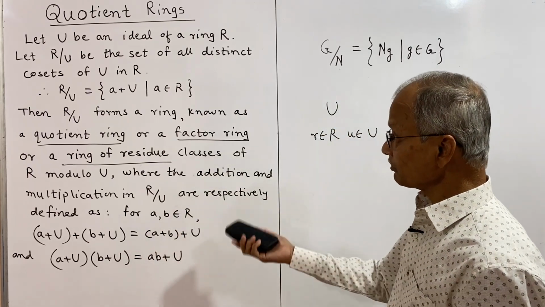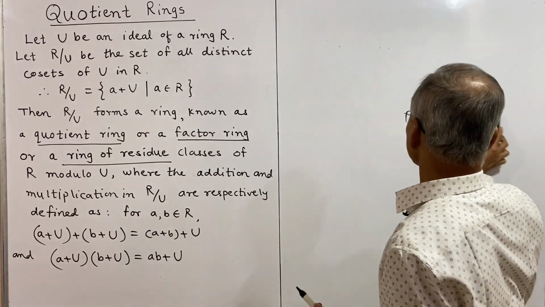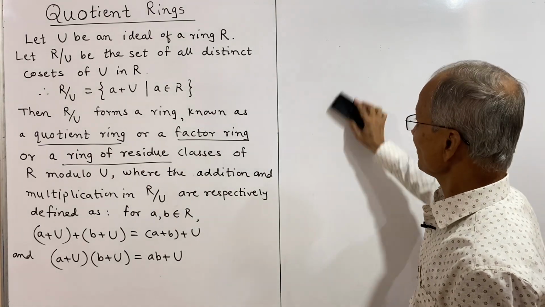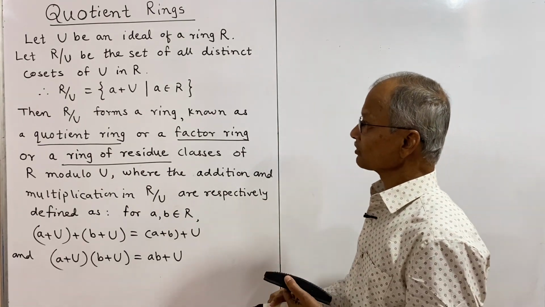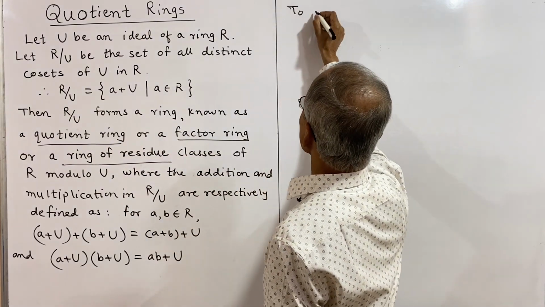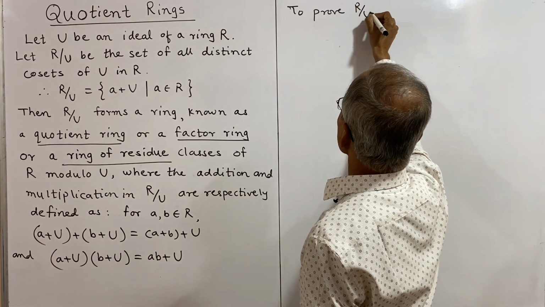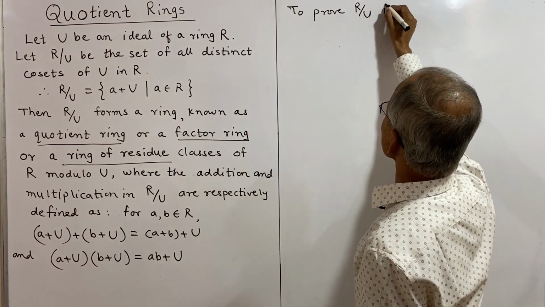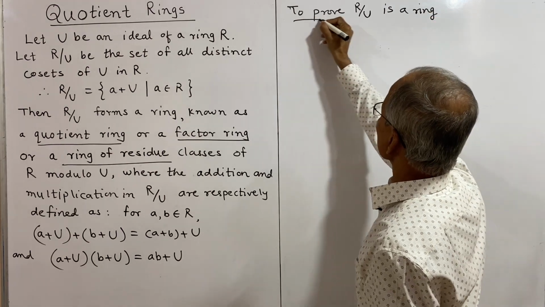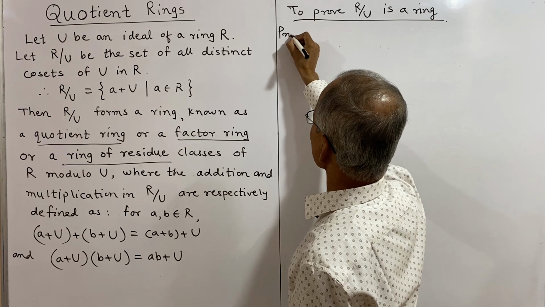Now we shall prove this forms a ring. That means, to prove that R/U is a ring, this is actually a claim. Now the proof can be considered as follows.